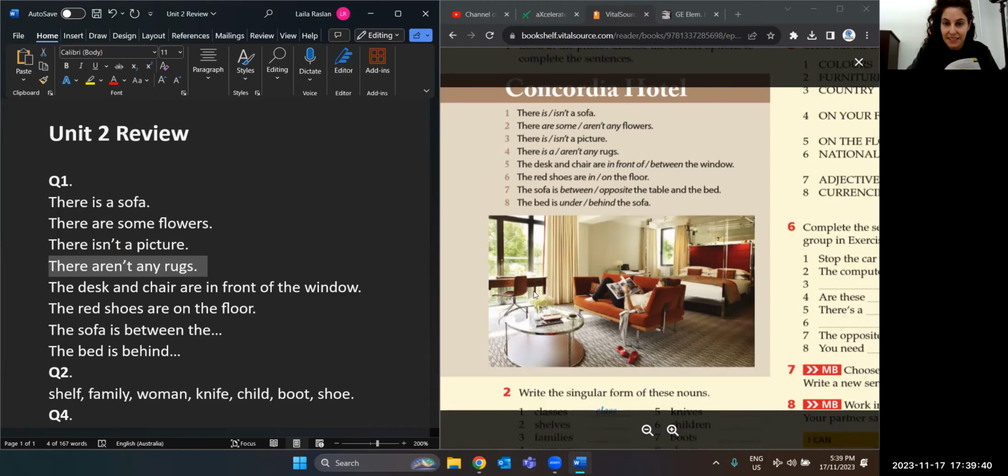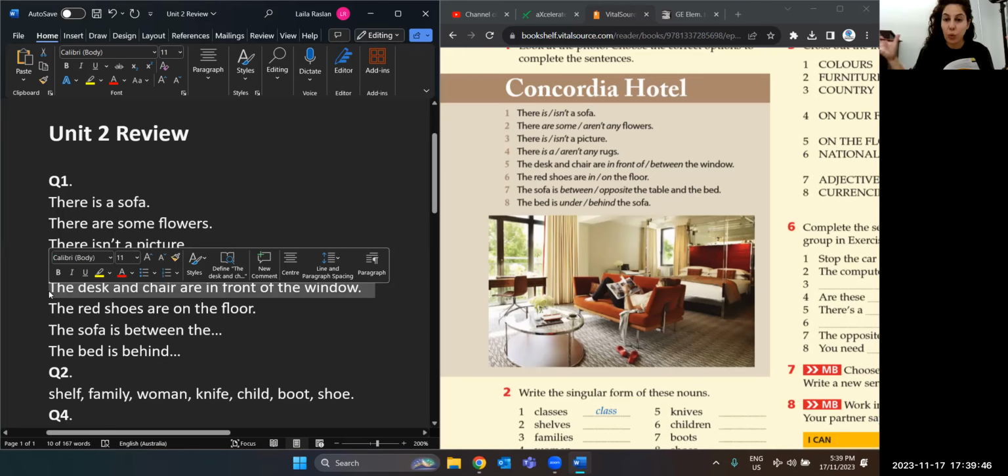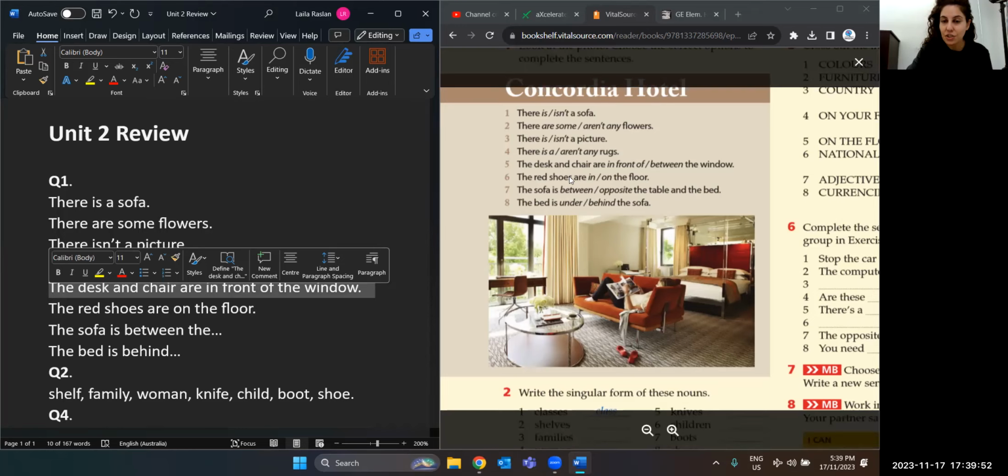Yeah, I can see desk and chair are in front of the window. So preposition of place, where is it located? In front of the window. Number 6, the red shoes are on the floor. I can see them. The red shoes are on the floor.